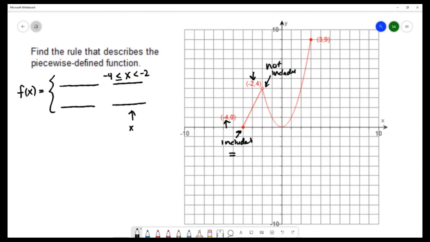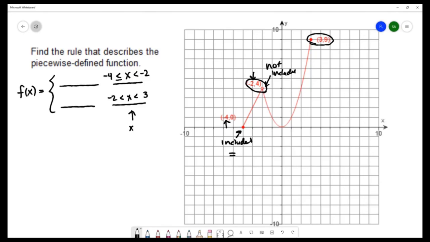Then when we look at the other line, it starts with the same point as the other one and goes till 3. So these x values start at -2 and stop at 3. So x is in between -2 and 3.